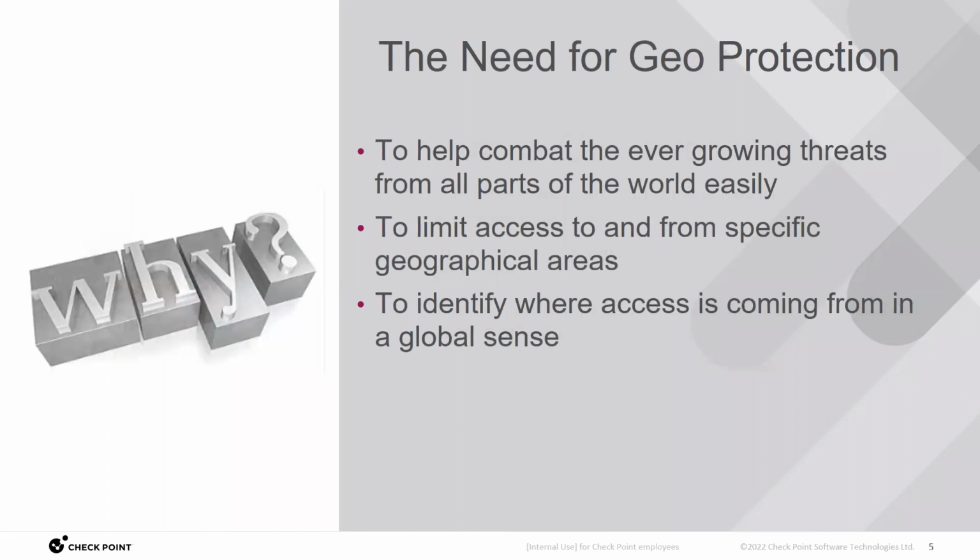The need for this, as we opened up, is that you're hearing about all these types of cyber attacks. Some of them are coming from certain countries. How do I prevent that from even entering into my corporate network infrastructure? That's why we need this type of protection. They're very quick, fast, and all-encompassing for those countries.